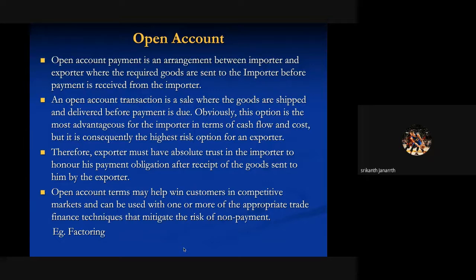If not, I don't buy. So there are situations where the negotiation capability of the importer is much higher than the exporter. Then he might dictate terms, and the exporter, if they don't have the market, may have to agree to sell on open account. So in open account, who takes the high risk here? The exporter. It's a full advantage to the importer.